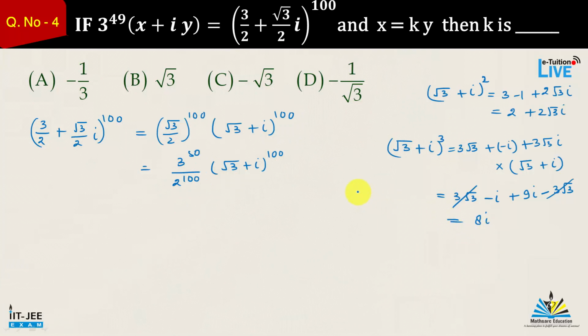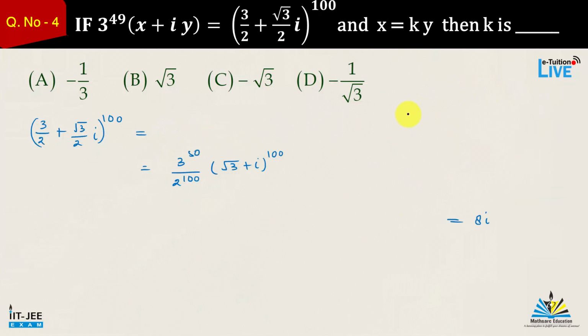So this will resolve our question. Our question is 3 to the power 49 times (x plus iota y). Let's arrange some values. What we have observed at the moment is that (root 3 plus iota) to the power 3 is equal to 8 iota.